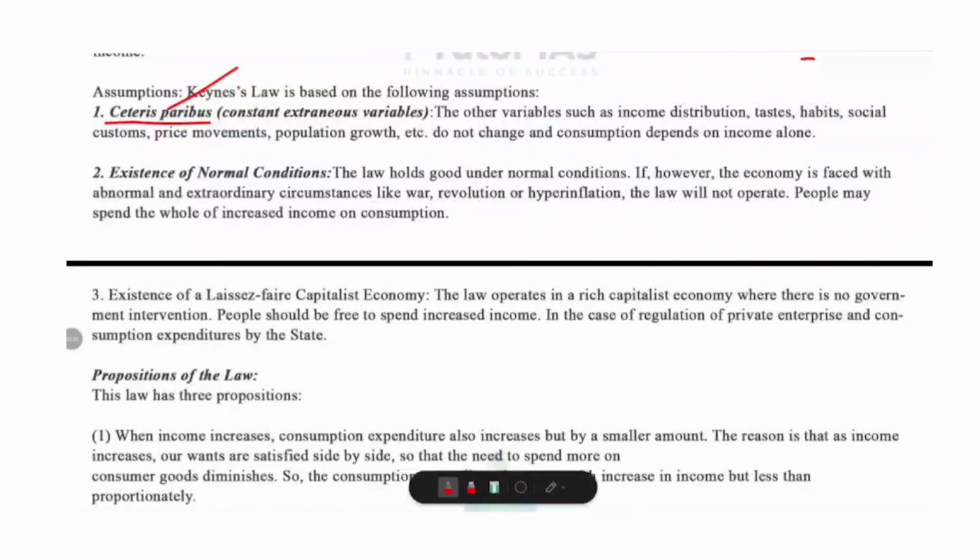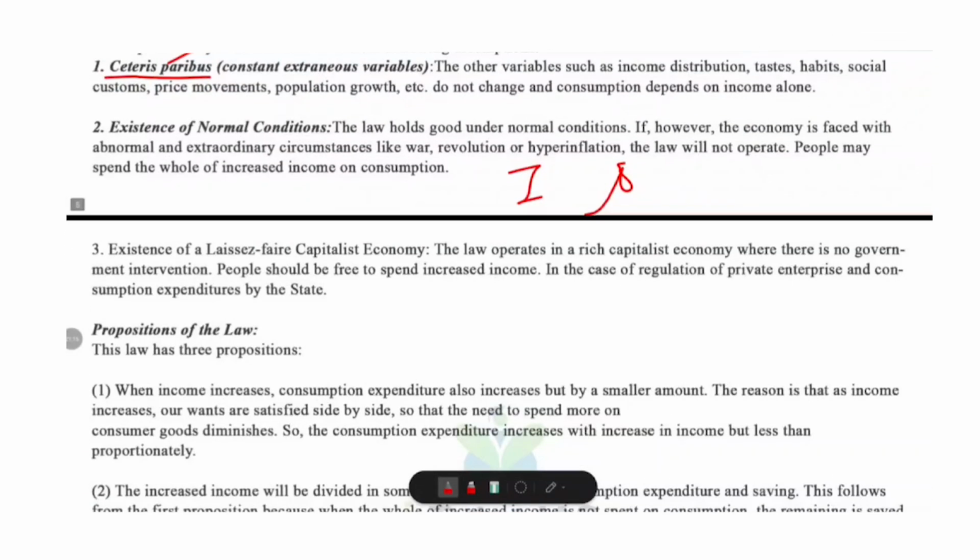For example, if people suddenly develop new habits like luxury spending or prices rise sharply, what happens? Consumption may change for other reasons, not just by income. So Keynes said, to study the pure relationship between income and consumption, we must assume other things stay constant or remain the same.